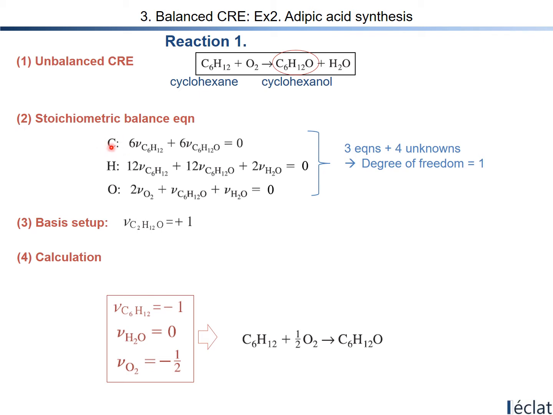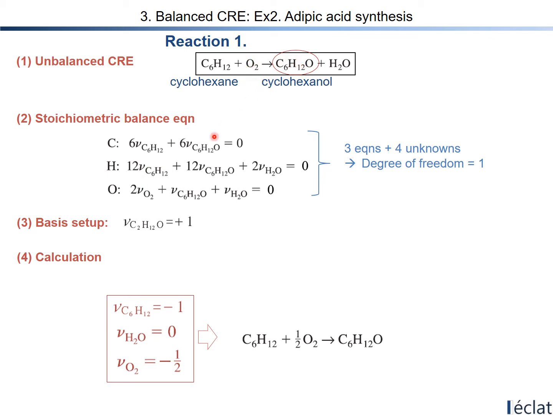Then let me try to set up the stoichiometric balance equation. Let me take carbon first, and then we have 6 carbon in the first entity, so 6 with coefficient. In the second, you cannot find any carbon, so you can ignore the second term. And the third one, C6, so 6 with the corresponding coefficient, plus no carbon in H2O, so you can ignore them. So the summation of those terms is going to 0. And then let's move to hydrogen. So 12 hydrogen with coefficient, and nothing there, ignore this term.